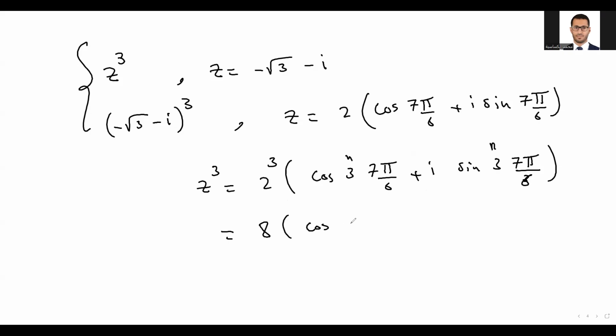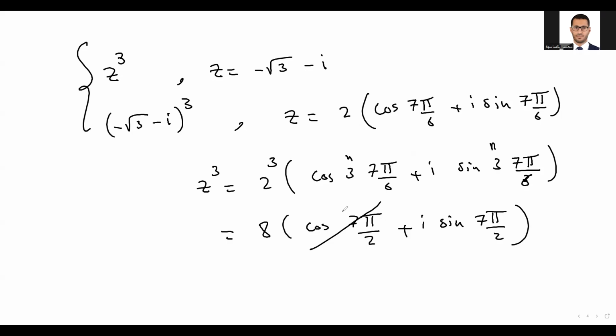which equals 8 (cosine 7 pi over 2 plus i sine 7 pi over 2).